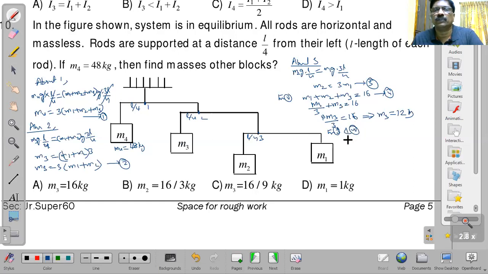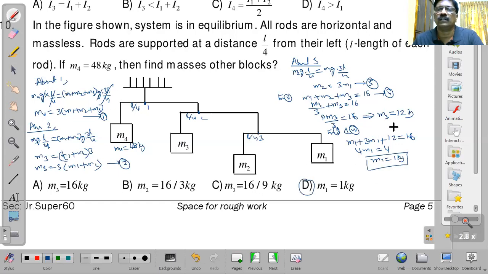In 4, M1 you keep like that only, plus M2 means we can write 3M1, plus M3 means 12 is equal to 16. Therefore 4M1 is equal to 4, or M1 is equal to 1 kg. So M1 is equal to 1 kg, correct.